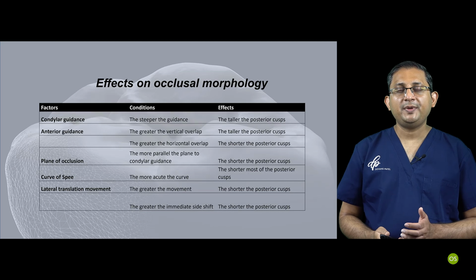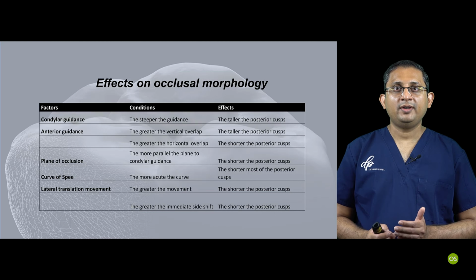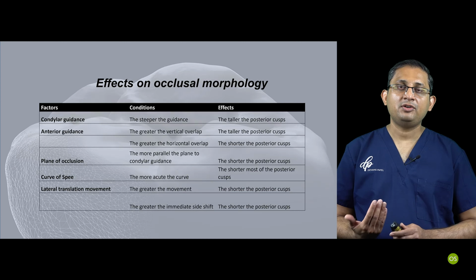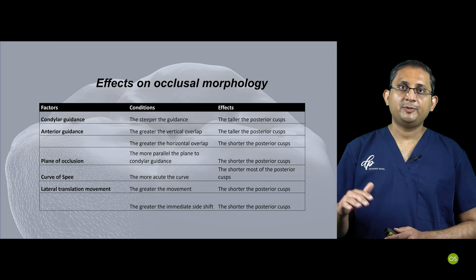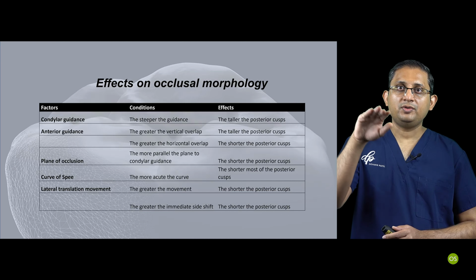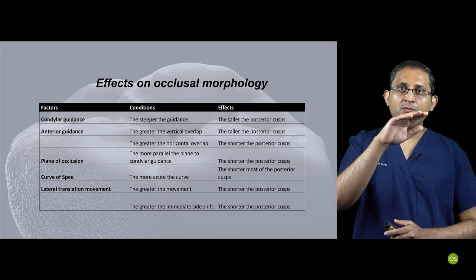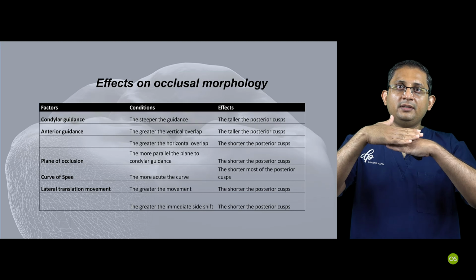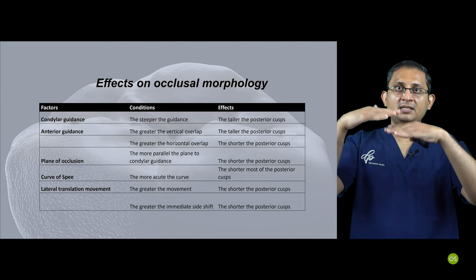Now, curve of Spee is very important when you are looking at the anatomy, and many times when you're doing full mouth reconstructions, people do not see the curve of Spee. If you have a very acute curve of Spee, then when the patient moves forward, the disclusion is not immediate, whereas if it's a shallow curve of Spee, the disclusion is quite immediate.